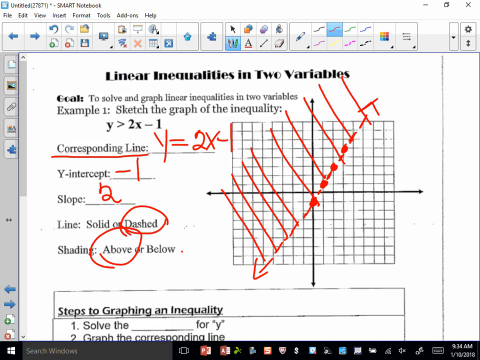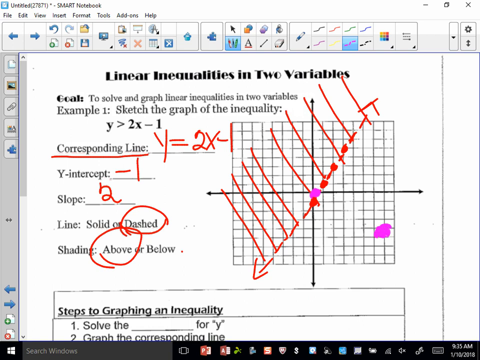A lot of times on a standardized test, you might see something like they ask you to test a point. They might say, is 0, 0 a solution to this particular graph? Even though I made the dot a little bit bigger than I should have, 0, 0 would fall into the shaded region. Or if I say, would this point out here be a solution?